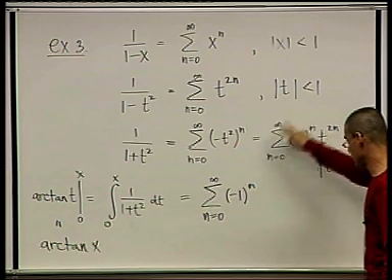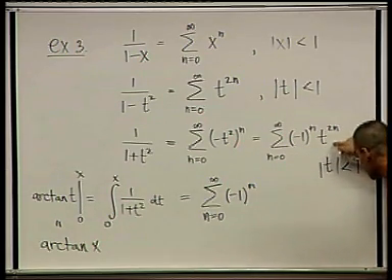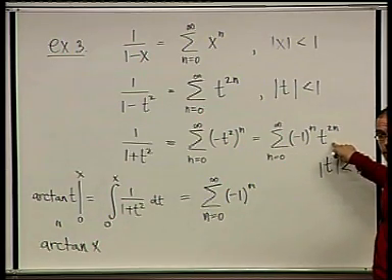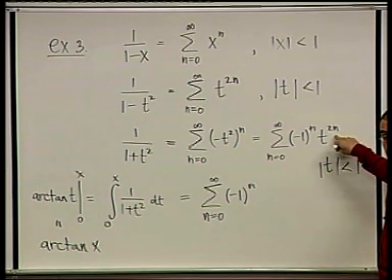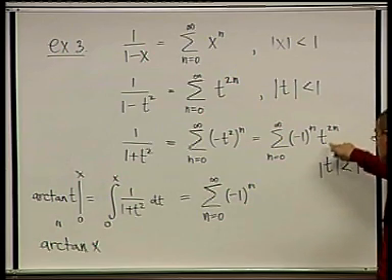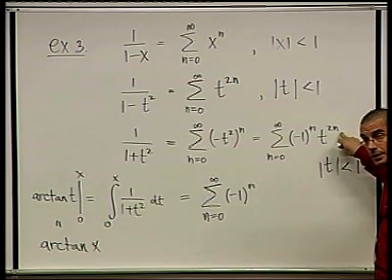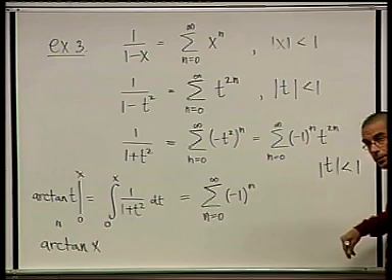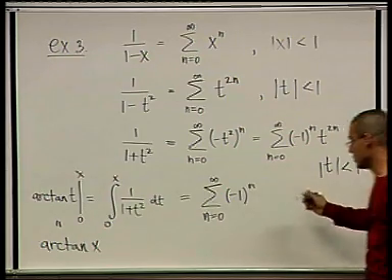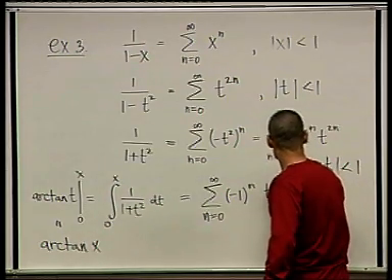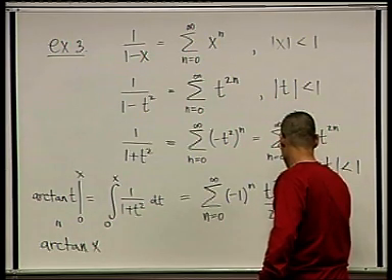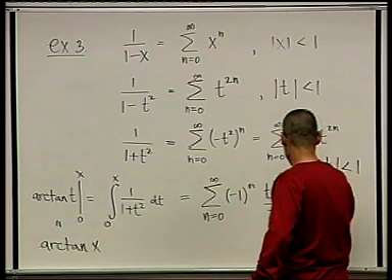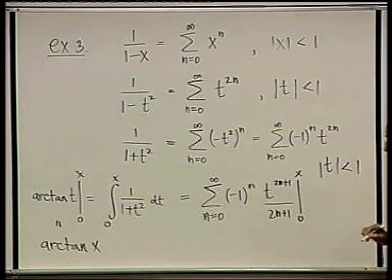I just left this untouched. And then I want to integrate this term by term. So what's the integral of t to the 2n? Right, t to the 2n plus 1 over 2n plus 1. And then I need to plug in the 0 and the x, so it's t to the 2n plus 1 over 2n plus 1 evaluated between 0 and x.